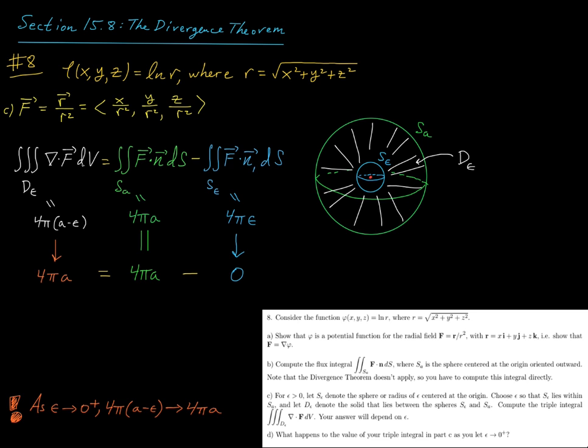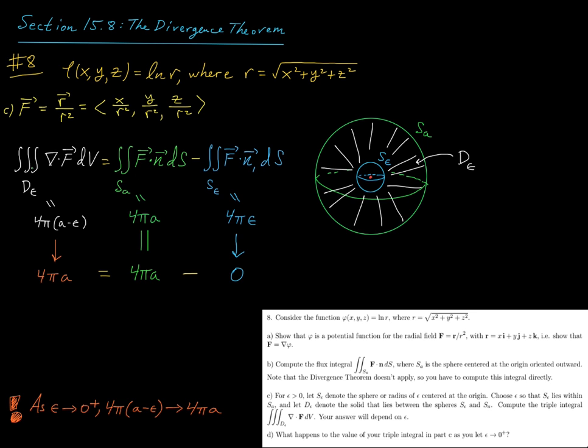So what we're seeing here, the integral that we took in part C, this triple integral of the divergence, we know from the divergence theorem for hollow regions that that's equal to the outward flux through this outer sphere, S sub a, minus the outward flux through this inner sphere, S sub epsilon.